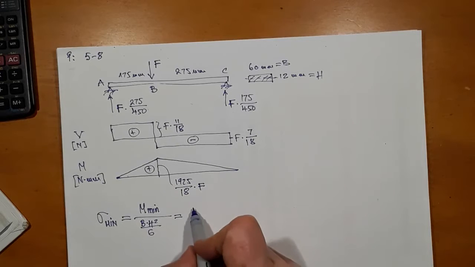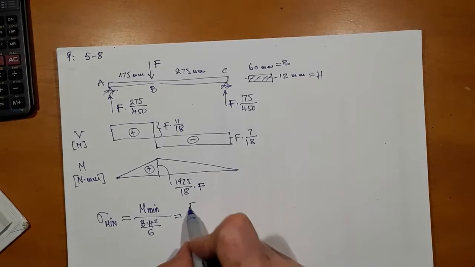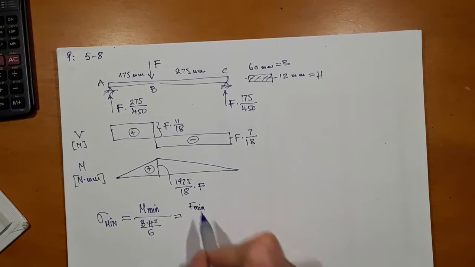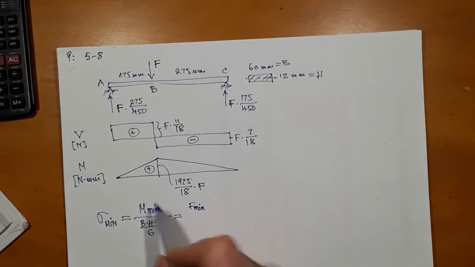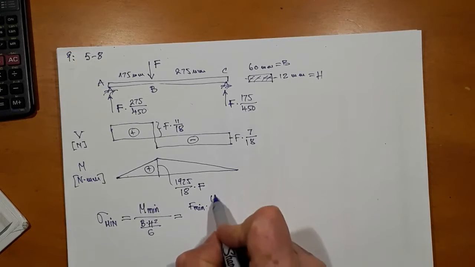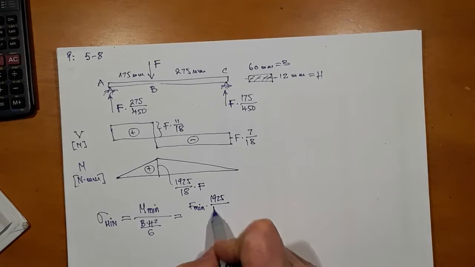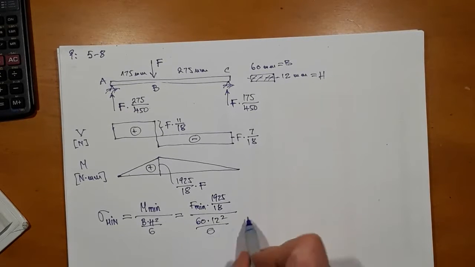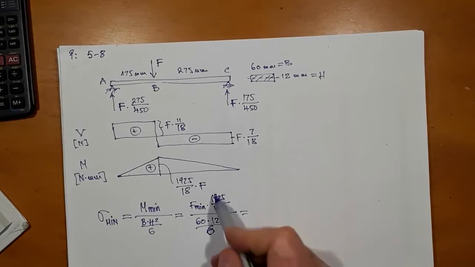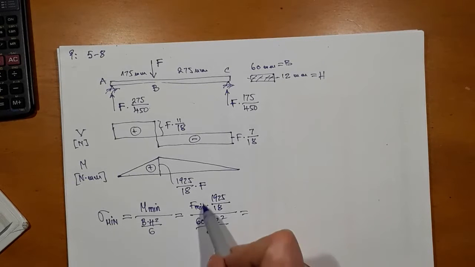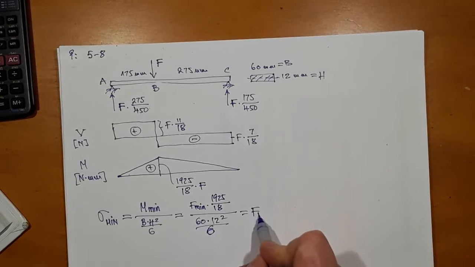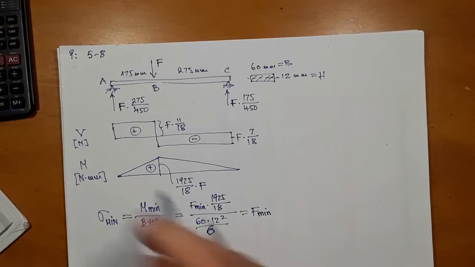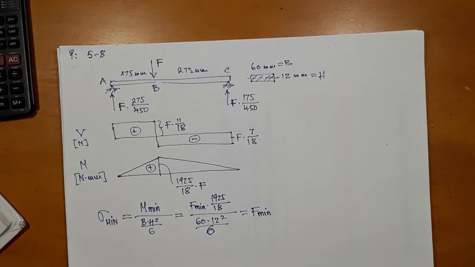And what we have, F min goes with 1925 over 18. And then B, we said it's 60 times 12 squared over 6. And let's calculate F min, to make the second part easier.